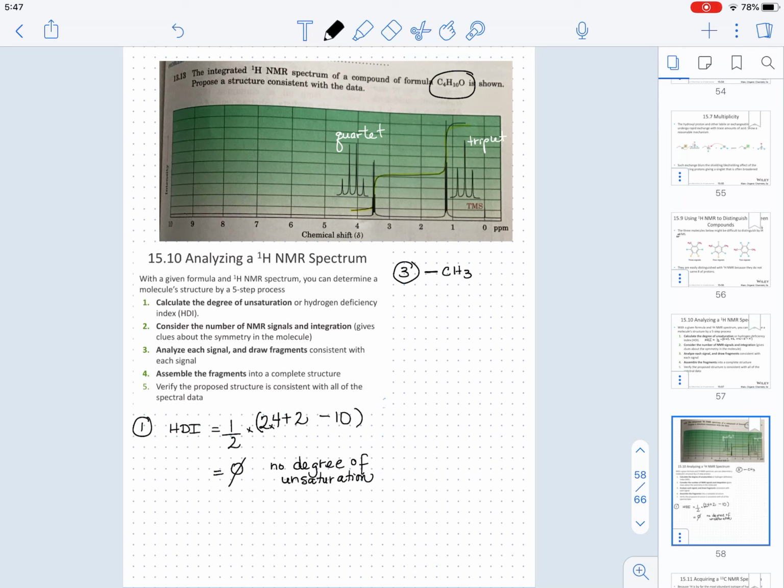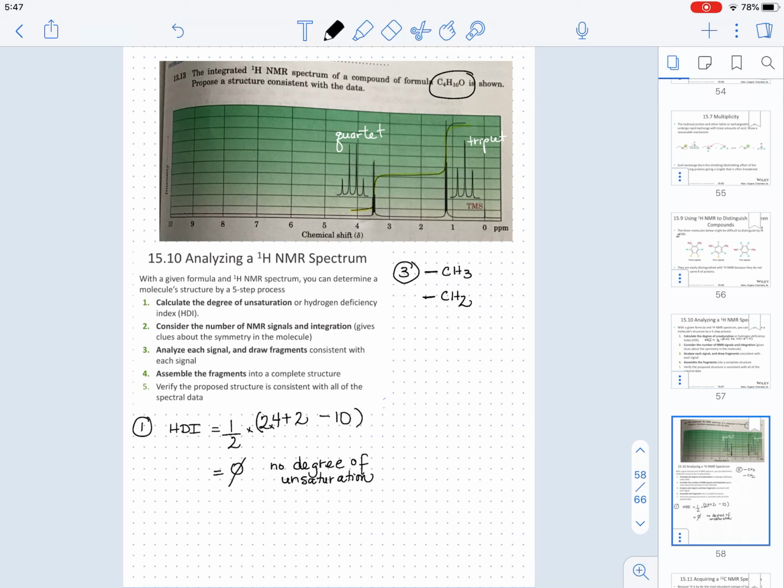When it comes to the triplet, this implies that for this molecule, the neighbor has to be possibly a CH2. Because if we have a CH2 as a neighbor, then again, according to the N+1 rule, that's where the triplet comes from.